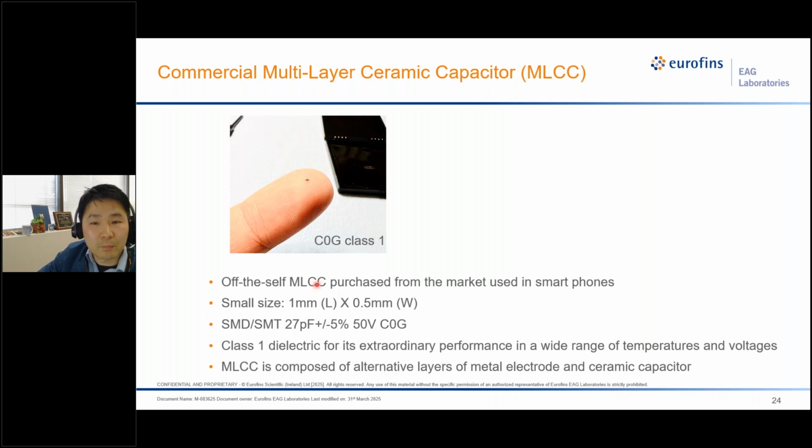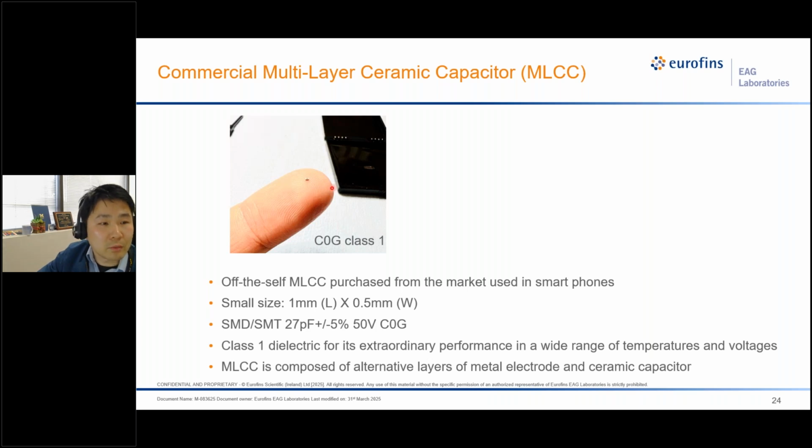In a smartphone, especially those with 5G wideband communication, a smartphone can contain 1,000 to 2,000 MLCC devices. You can see they come in a very compact size compared to the size of a finger.